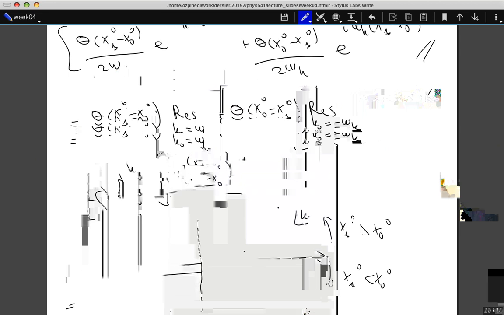So I want the residue at k0 equal to omega k if x10 is larger than x00. So this is the position of one of my poles. This is the position of the other pole.